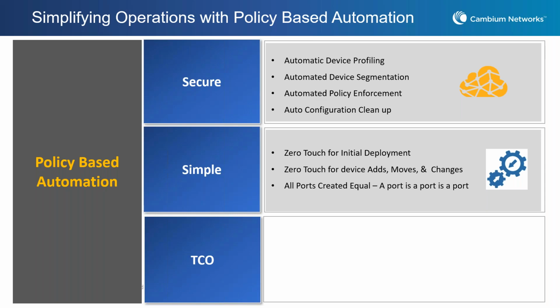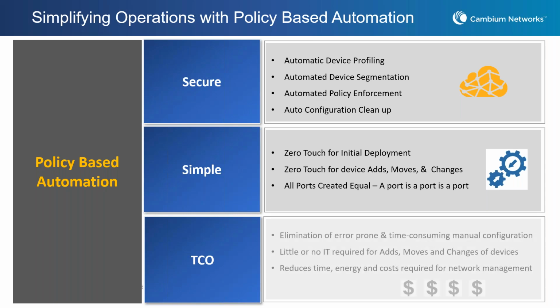Okay, total cost of ownership. When you think about all of this, it really does lower your total operational costs of operating your network. The biggest item here is that PBA eliminates the error-prone and very time-consuming manual configuration. So when it does come time to connect new devices into your switches or to remove devices, you no longer have to manually log into the switch and do anything.